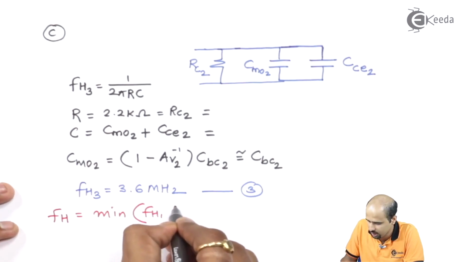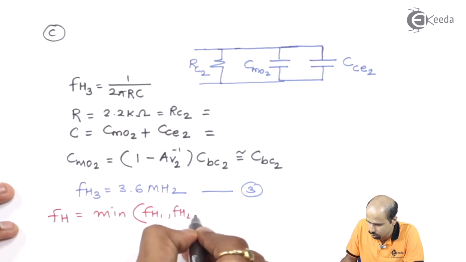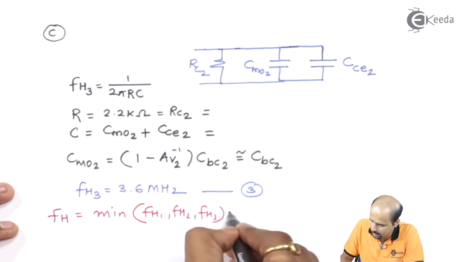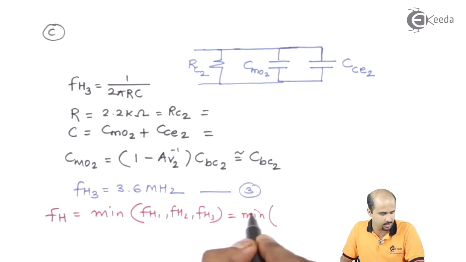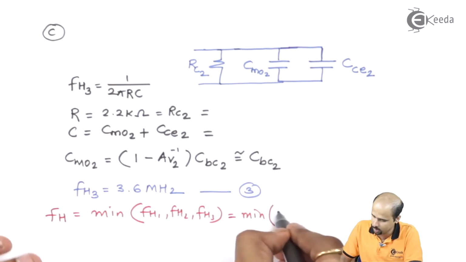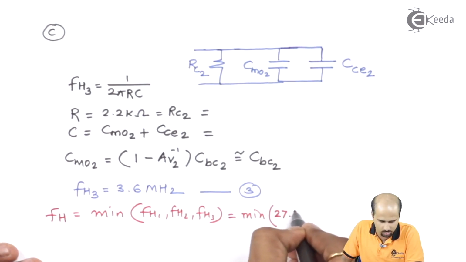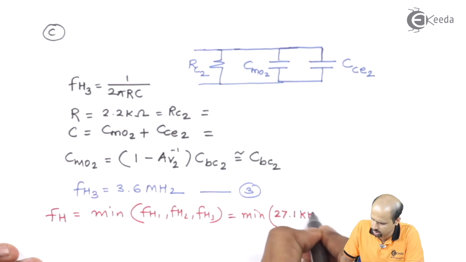FH1, FH2, FH3, and that is nothing but the minimum of, I can say that the first value we have got, that is nothing but 27.1 kilohertz.